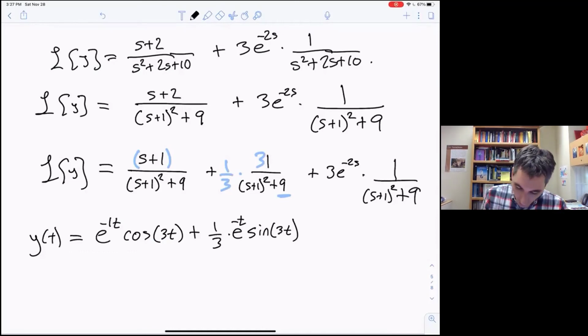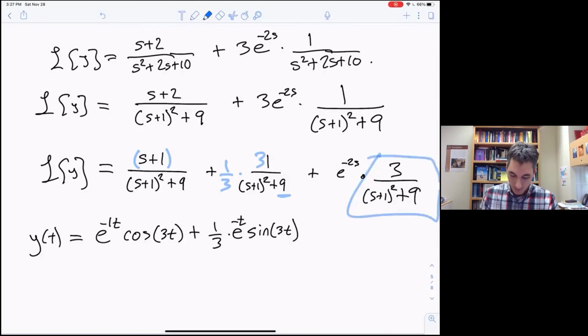And now we've got to do this last one. Okay, so what's going on here? This looks like it should be coming from, well, it looks exactly like this. In fact, because I have that 3 there, I could even write the 3 here. And then this exactly looks like e to the minus t sine of 3t, right?